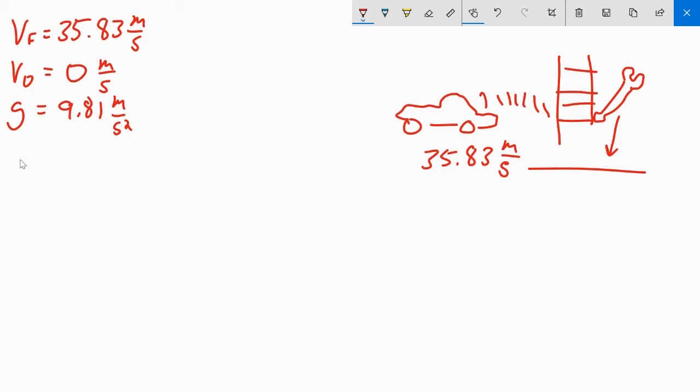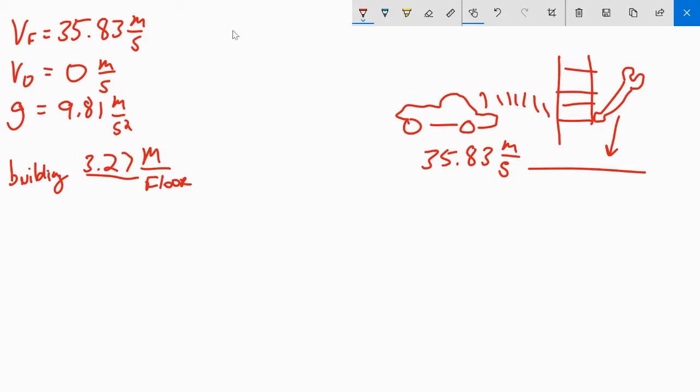The building is 3.27 meters per floor, because it says each floor is 3.27 meters high. Now, we've never had an equation where we used floor as a unit, but let's see if we can make this work. We know VF, we can ignore VO, we know G, and that's really all we know.